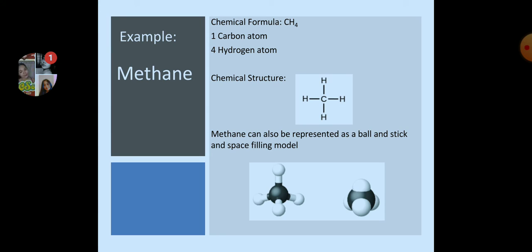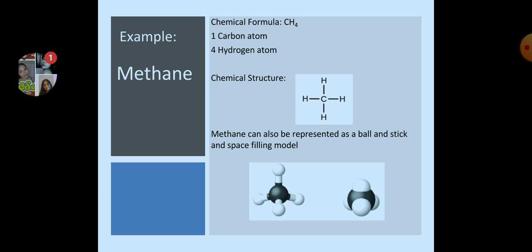So, take a look at this example, methane. So, methane, ang chemical formula niya is CH4, and from that, we know that this particular chemical formula or methane has 1 carbon atom and 4 hydrogen atoms. So, this is the chemical structure of methane.